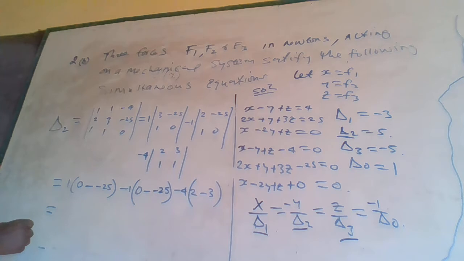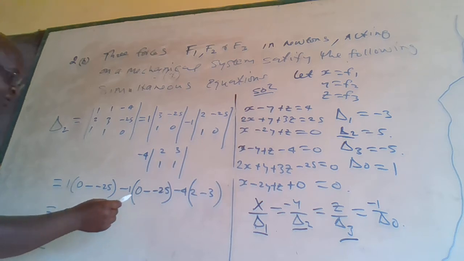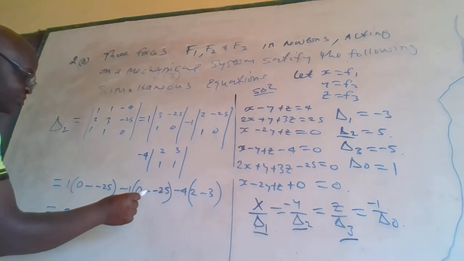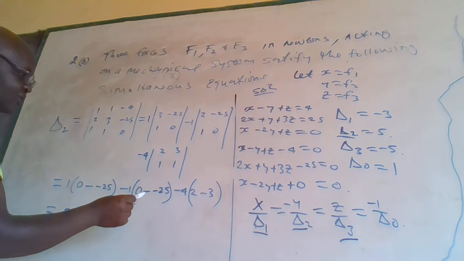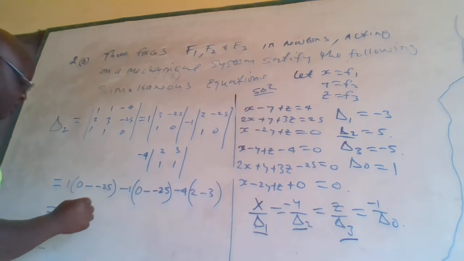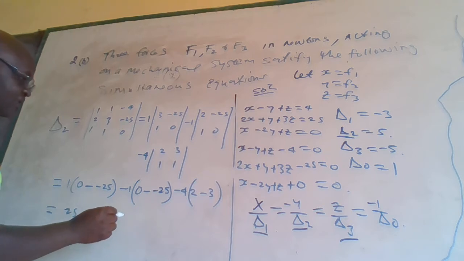So this equals minus and minus is positive here, so we have 25. Minus and minus, so this is positive, so we have minus 25.